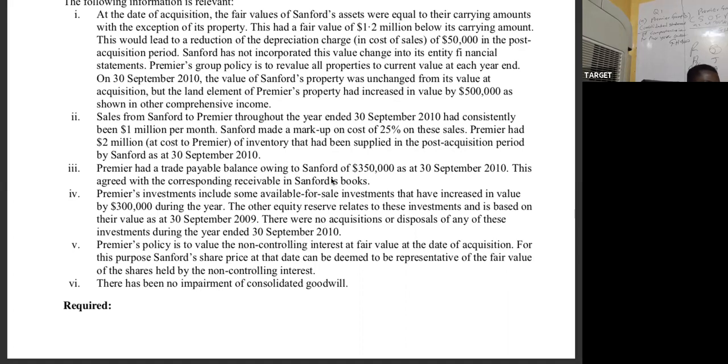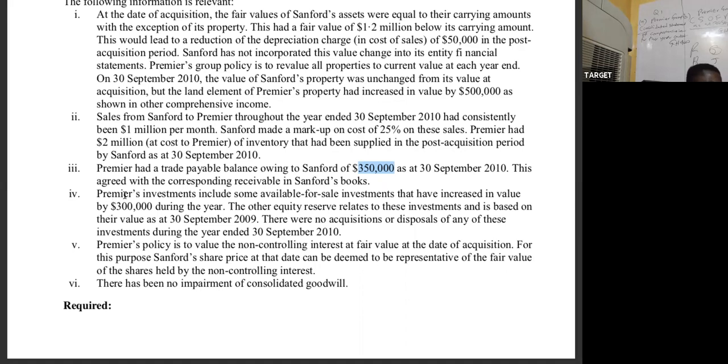So 350,000 needs to be subtracted from both payable and receivable. Call it intra-group debt. What if there was cash in transit or goods in transit, which will cause the intra-group debt not to balance? I think our next question should give us something like that.